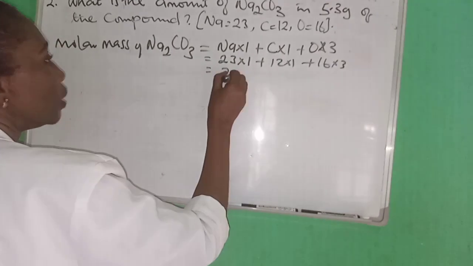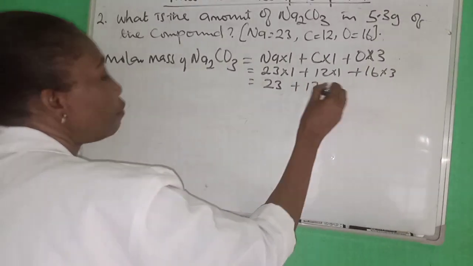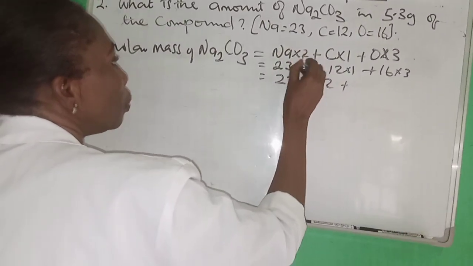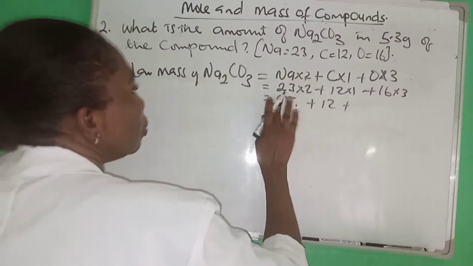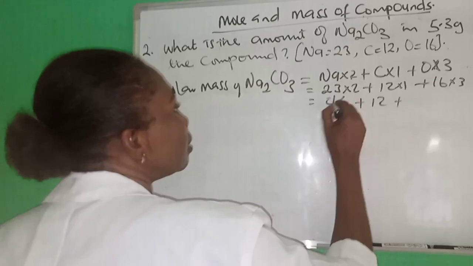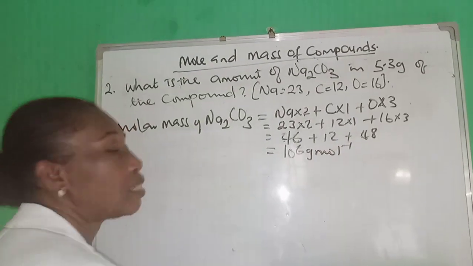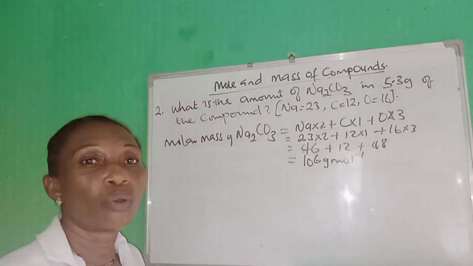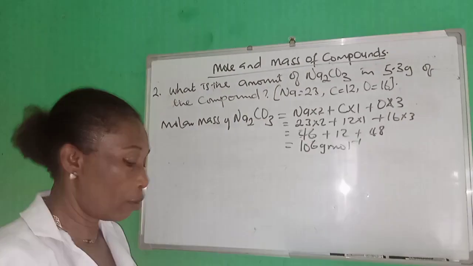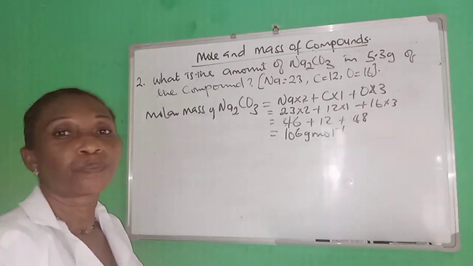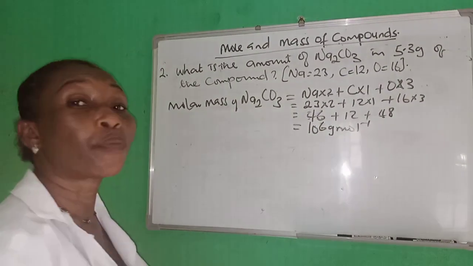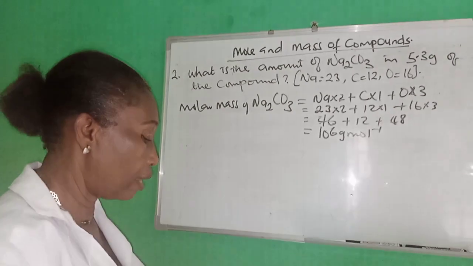And that gives us 106 grams per mole. That's the molar mass of sodium trioxocarbonate(IV). So we use this to solve the problem using the formula.